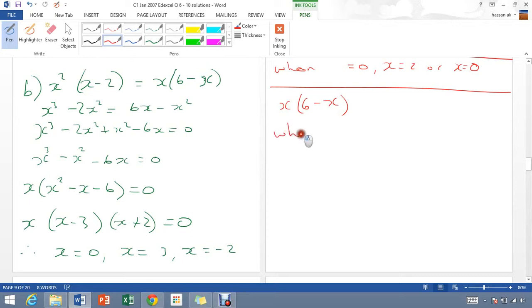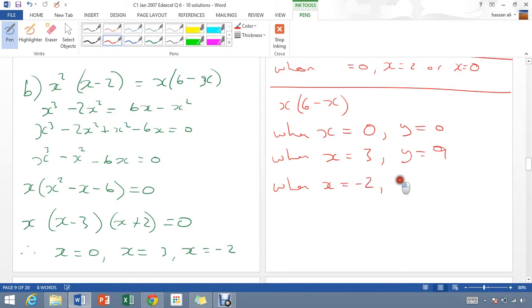So when x equals 0, y will equal 0. When x is equal to 3, y will equal 6 minus 3 is 3, times 3, that will equal 9. Okay, and then when x is equal to minus 2, y will equal minus 16.